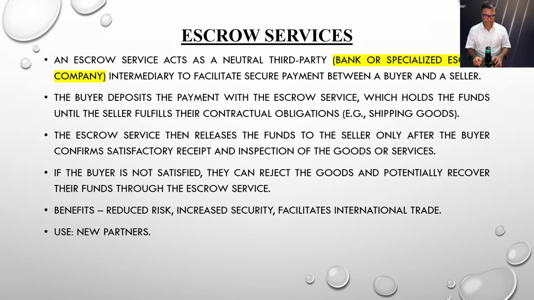The other payment method which is used is escrow services. What is this? An escrow service acts as a neutral third party, which can be a bank or a specialized escrow company. It is an intermediary to facilitate secure payment between buyer and seller. In the case of a letter of credit, we saw that the bank gives a guarantee of payment to the seller on the buyer's behalf.